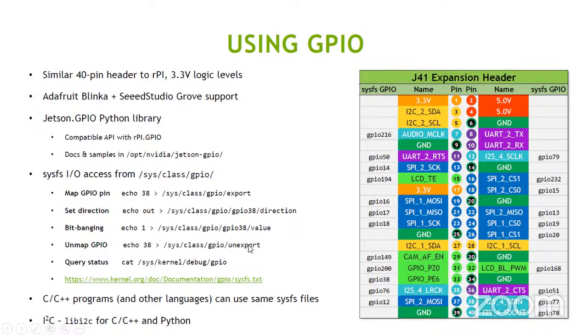Then unexport to remove the pin. And then cat the debug GPIO to query the status of the pin and see the set value. This is just basic GPIO configuration through system files. Then C++ programs can use the same sysfs files.